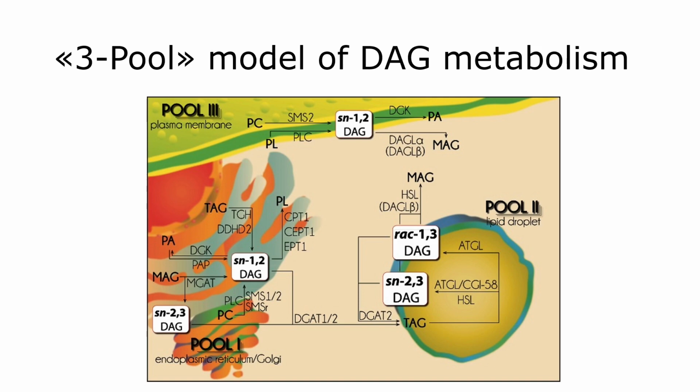And the third pool, which is located in the plasma membrane, is the main pool for getting the diacylglycerol for a signaling way, because we know that for diacylglycerol to be a secondary messenger, it has to be located in the plasma membrane.